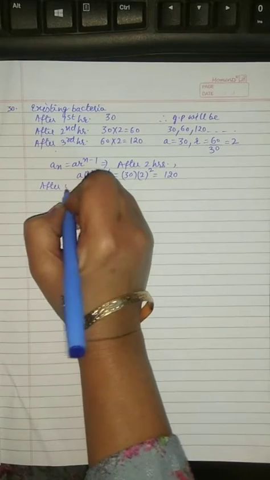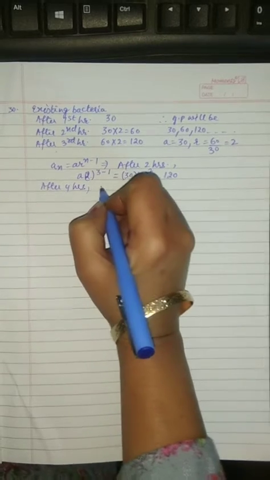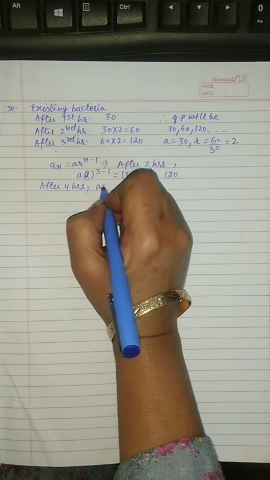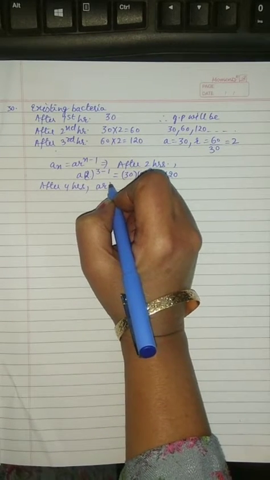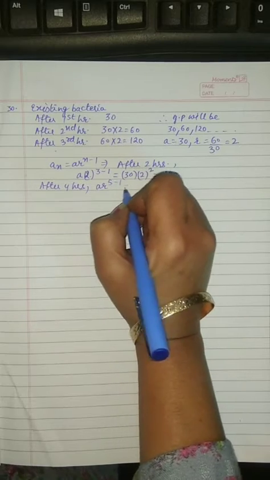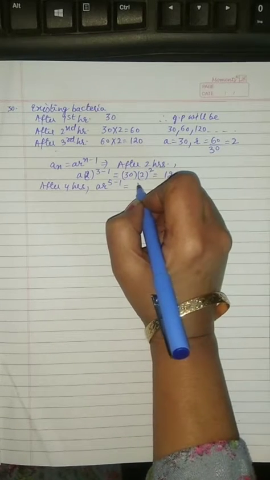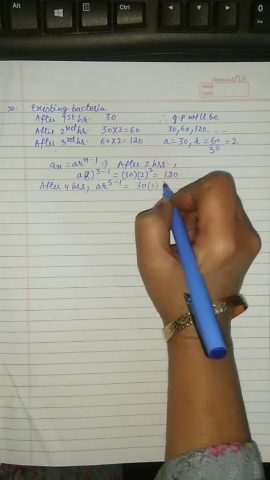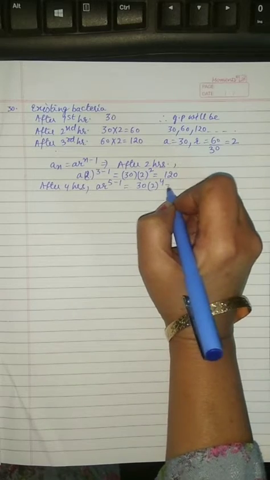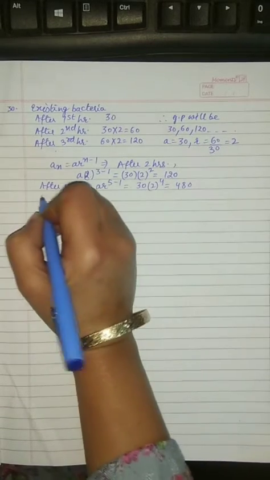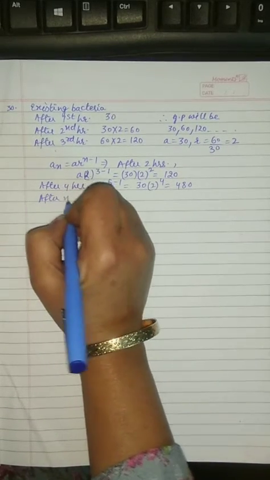So after 4 hours, it means a r to the power 5 minus 1. So it will become 30 into 2 raised to power 4, which is 480. And then we have to find the bacteria after n hours.